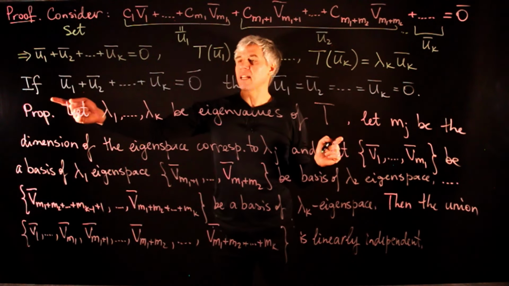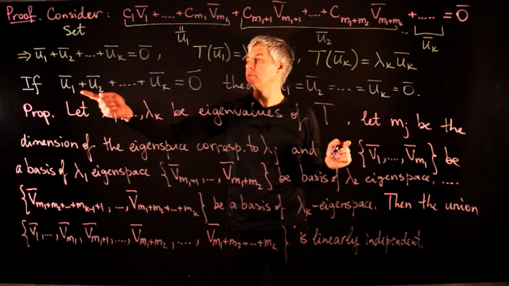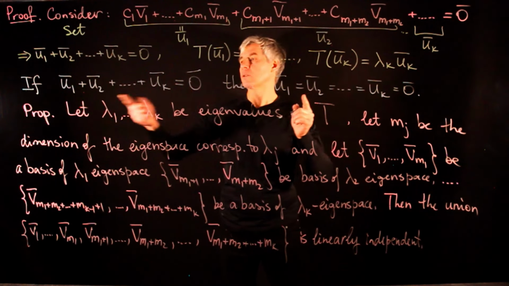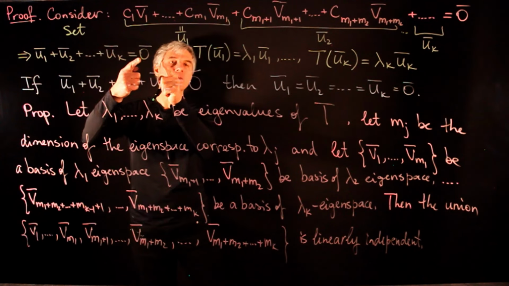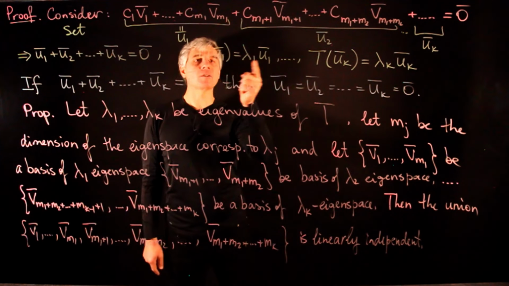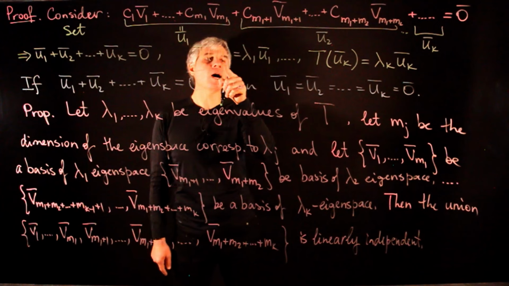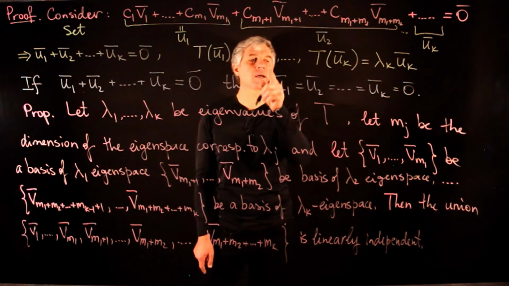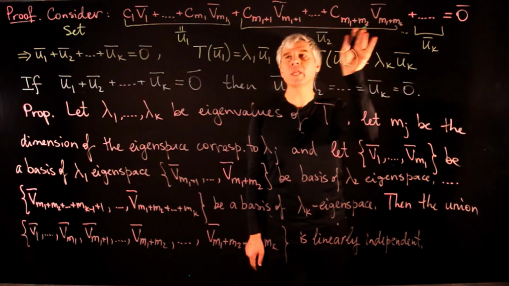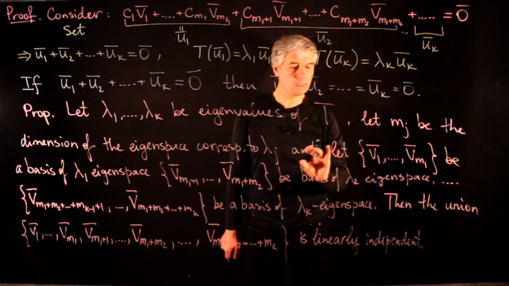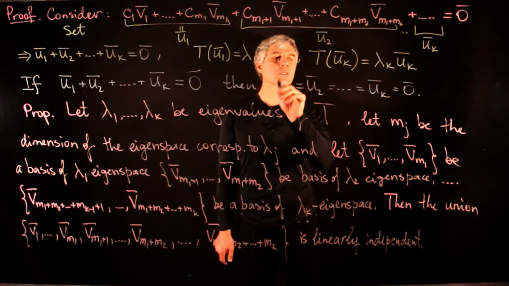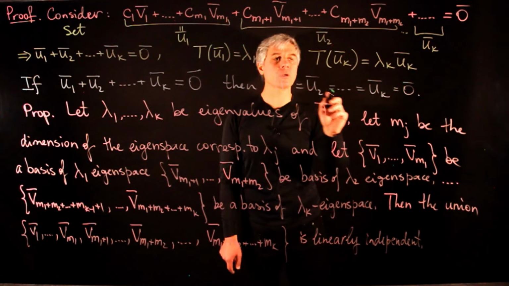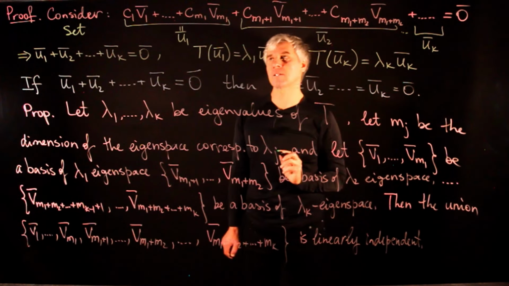Then we are precisely in the situation of the previous lemma. So since the sum of these vectors is equal to a zero vector, and each of these vectors satisfies T of ui is equal to lambda i ui, and all eigenvalues here are distinct, we conclude that each group of these vectors is equal to zero. So each vector ui is a zero vector.